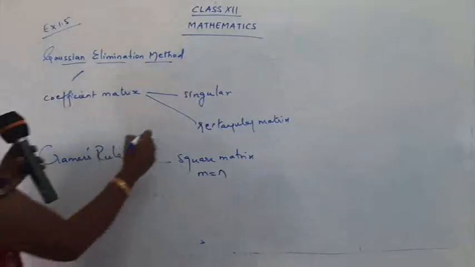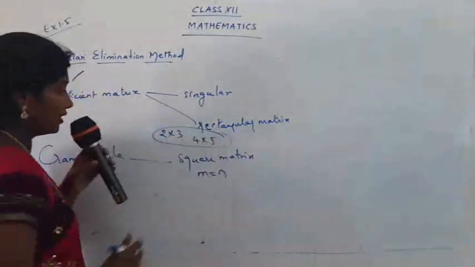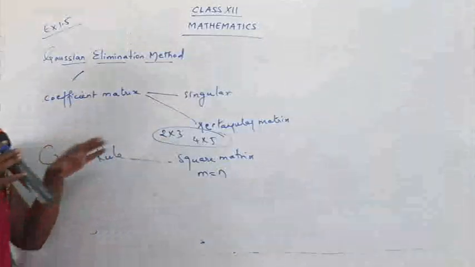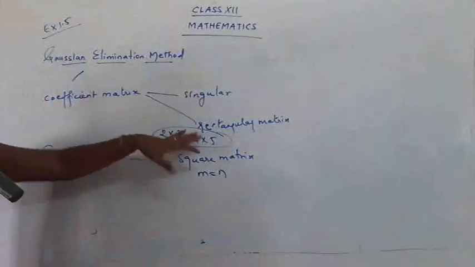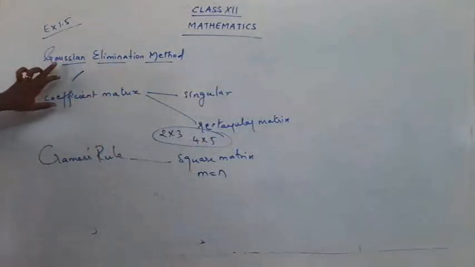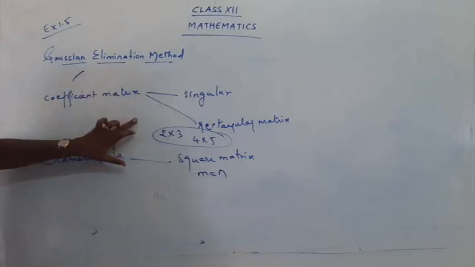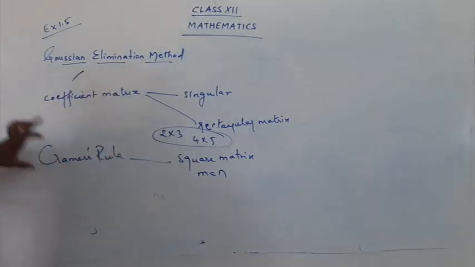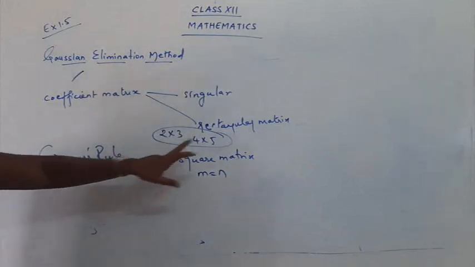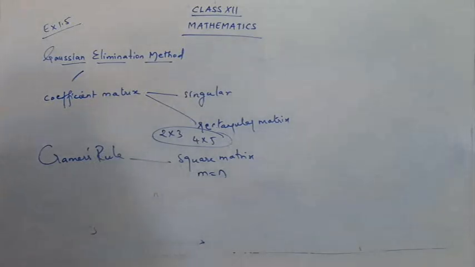You may have 2 cross 3, 4 cross 5, any order. The matrix can be a square matrix or a rectangular matrix. So see the difference. For Gaussian elimination, the matrix can be rectangular. But for Cramer's rule, the matrix should be a square matrix.